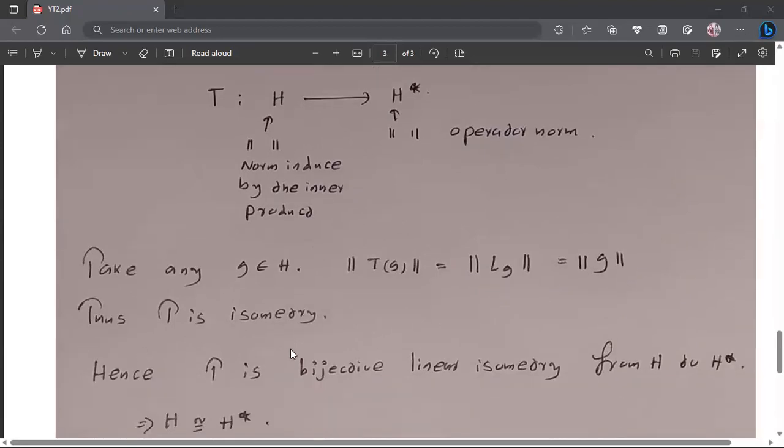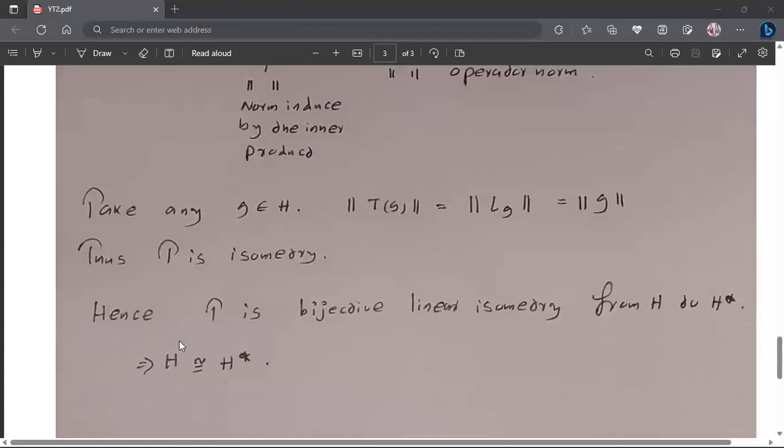So thus T is isometric. Hence, we conclude T is a bijective linear isometry from H to its dual space H star.